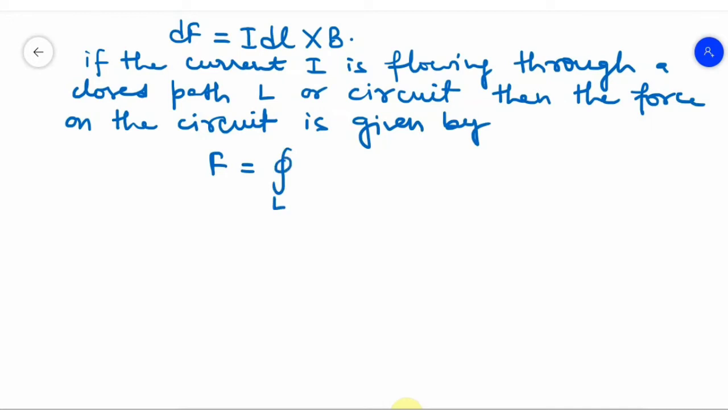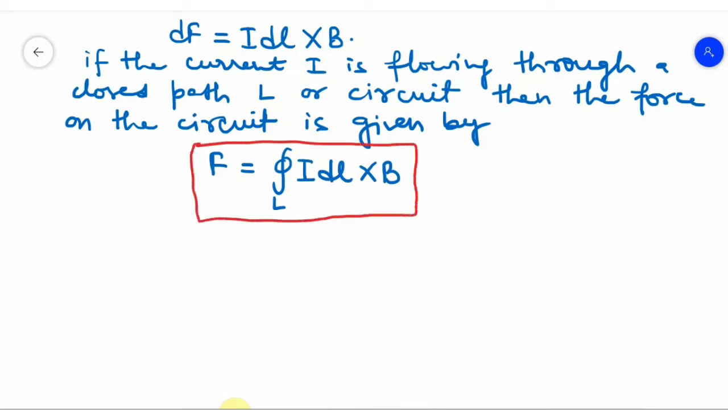This closed line integral of I dl cross B. So in case the current I is flowing through a closed path, F will be the closed line integral of IDL cross B.